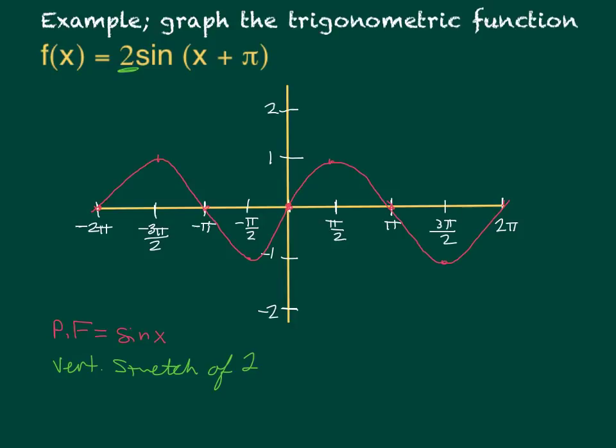So I'm going to start by just multiplying everything by 2. Everything's going to go up to 2 or down to negative 2, the peaks and valleys. It's still going to cross at the same places because 0 times 2 is still 0. So that's after my vertical stretch of 2.